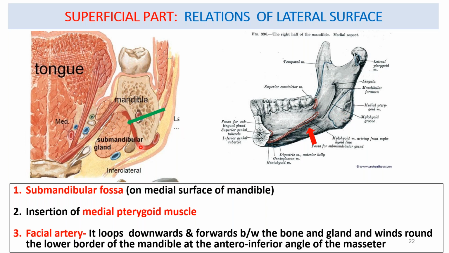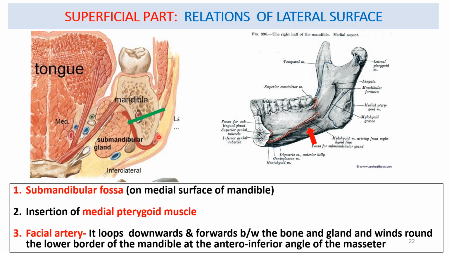One artery you can see in relation to the lateral surface is the facial artery, which loops downwards and then forwards between the bone and the gland. This facial artery is closely related to the bone and the gland, and it winds around the lower border of the mandible, nearly at the anterior-inferior angle of the masseter.